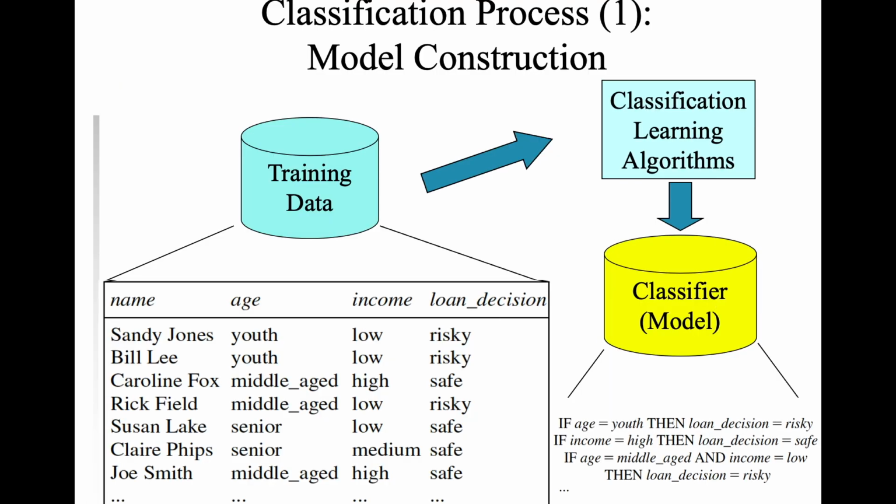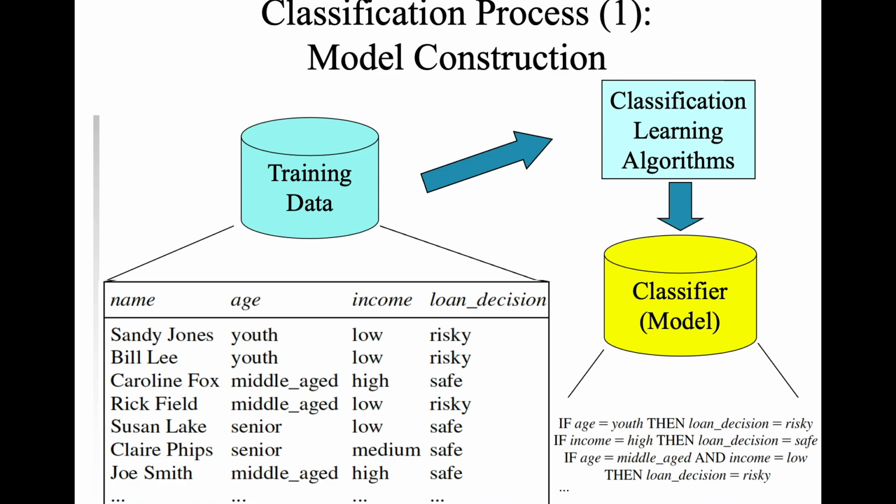Here you can see an example. For example, we have data in the form of a table. We have name, age, income. These are our features or attributes. And the loan decision is our target variable, what we actually want to predict, right?